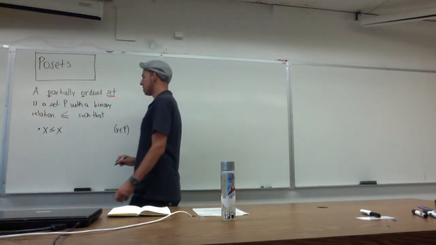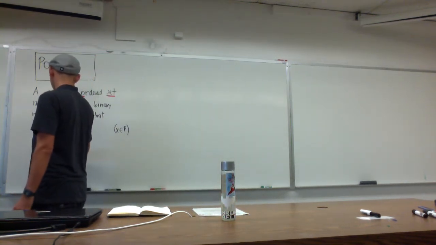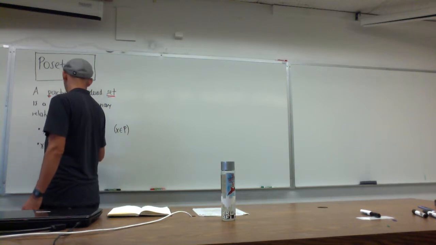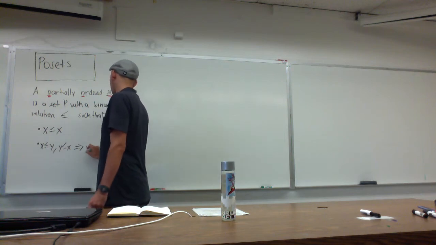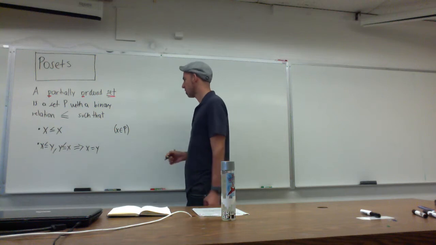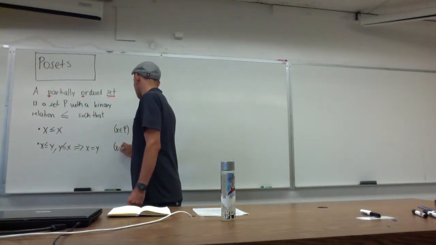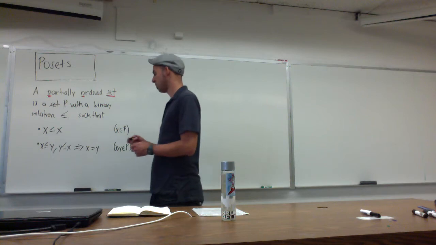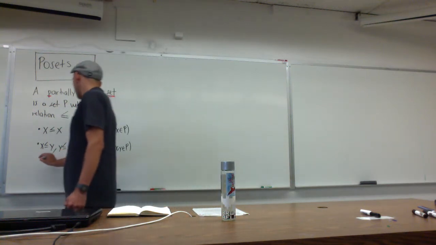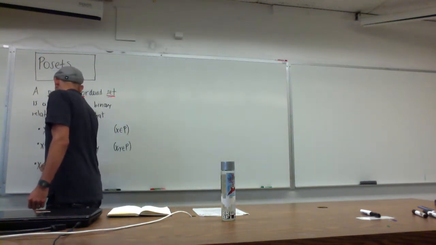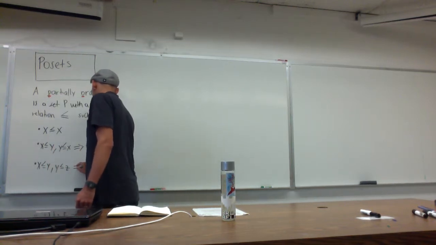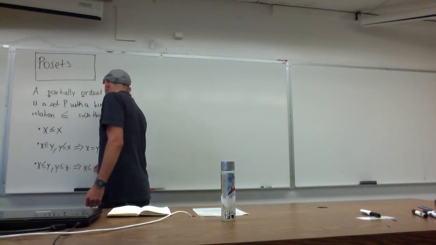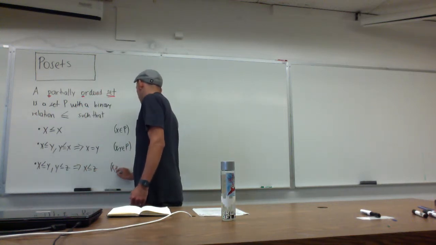Second, if x is less than or equal to y, and y is less than or equal to x, then x and y are the same element. And finally, if x is less than or equal to y, and y is less than or equal to z, then x is less than or equal to z, for x, y, z.